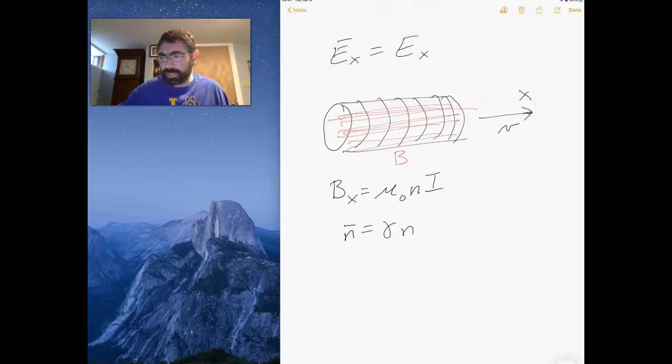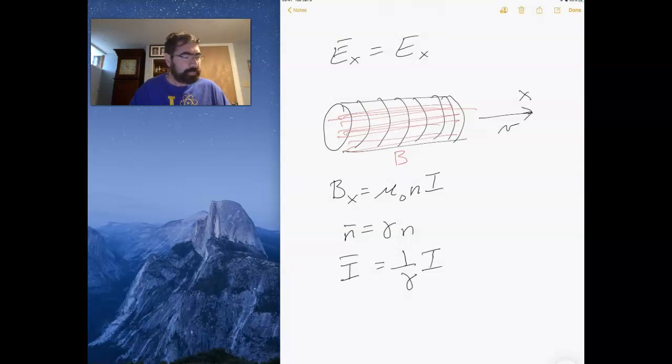And the current measured in the S bar frame should be different from the current in the S frame, because current is charge per time. If time dilation occurs, then we should find 1 over gamma times the current in the S frame.